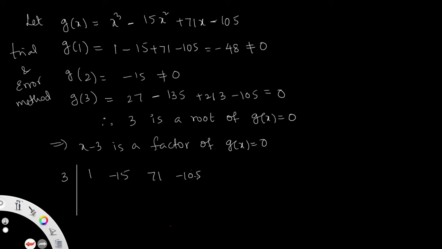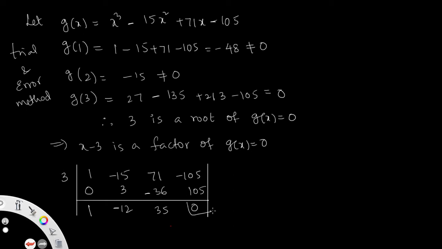In synthetic division we always take the coefficients of the given equation, placing 0 first. So 1 plus 0 is 1, then 3 into 1 is 3, giving minus 12, and then minus 12 times 3 is minus 36, giving 35. 35 times 3 is 105, so the remainder becomes 0.